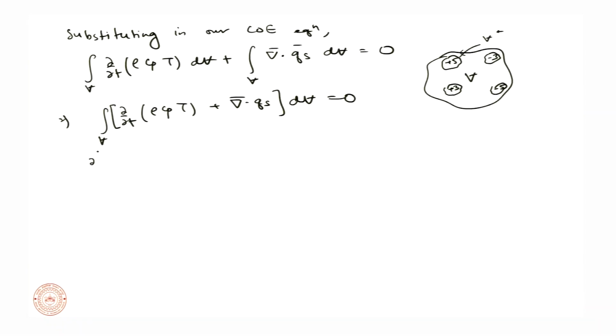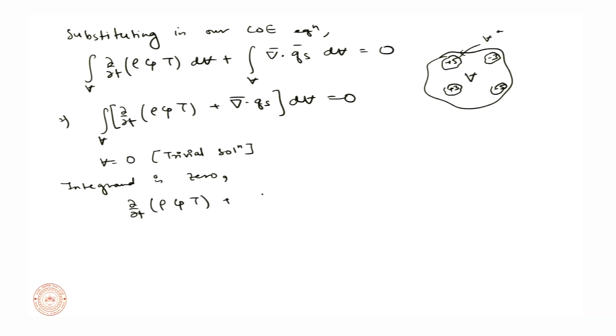One is that this volume V equals 0, which is a trivial solution, and second is that this integrand is 0. This we can do, right? We can have the integrand as 0. So, del by del t of rho Cp T plus del dot Qs equals 0.